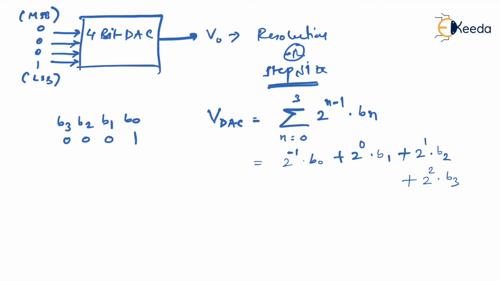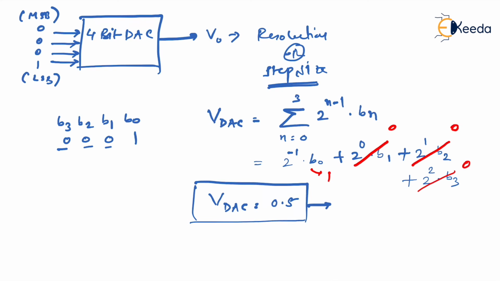Is that right? So the value of b3, b2, b1 is 0, 0, 0. Therefore this will become 0, this will become 0, this will become 0. Only b0 value is equal to 1, and 2 to the power minus 1 is what? 1 by 2. Therefore I can say that the VDAC value is now 0.5.